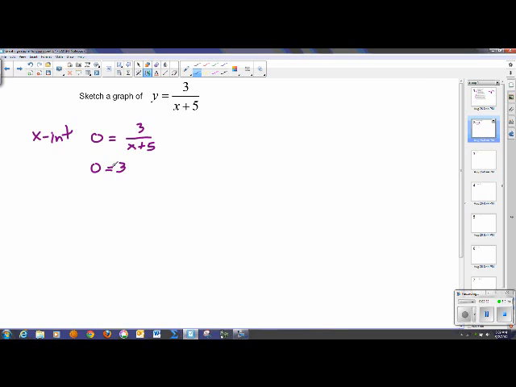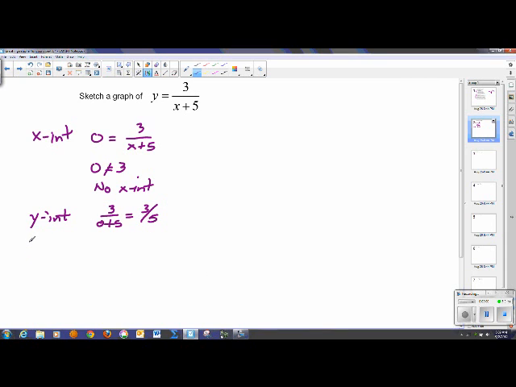We know this isn't a true statement, so there is no x-intercept. To find the y-intercept, we're going to set x equal to 0. When we do that, we get 3 over 0 plus 5, which equals 3/5.